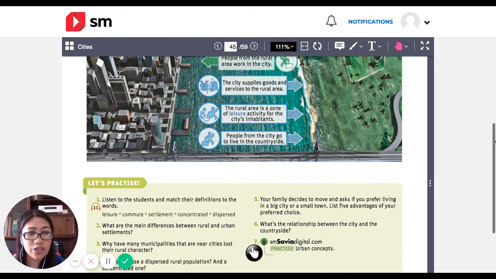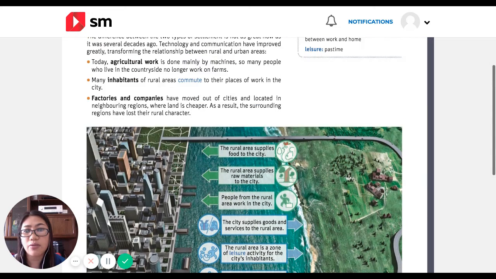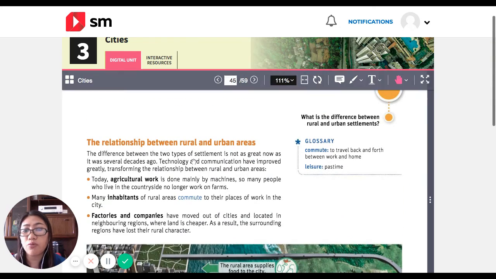The relationship. This is the relationship between rural and urban areas. The difference between the two types of settlement is not as great now as it was several decades ago. Technology and communication have improved greatly, transforming the relationship between rural and urban areas.